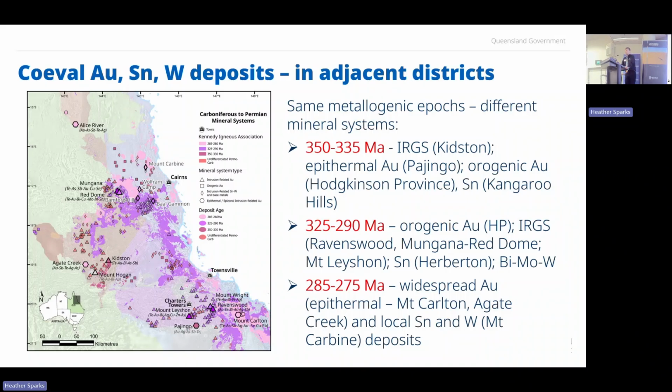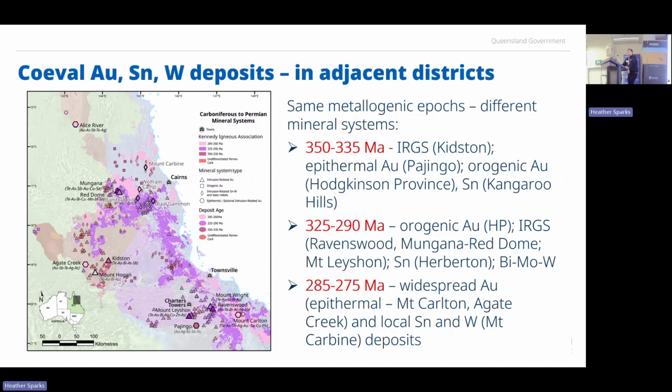So, for example, in the early Carboniferous, 350 to 335, this is the first pronounced appearance of reduced intrusion-related gold deposits. That's the introduction of Kidston, for example. At the same time, there is epithermal gold mineralization developing in the Drummond Basin, Victoria.